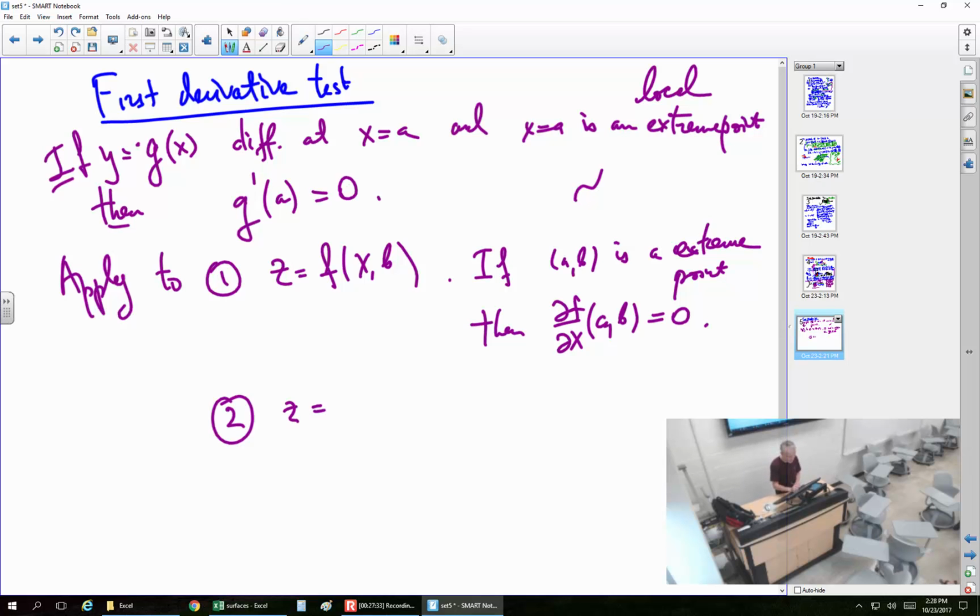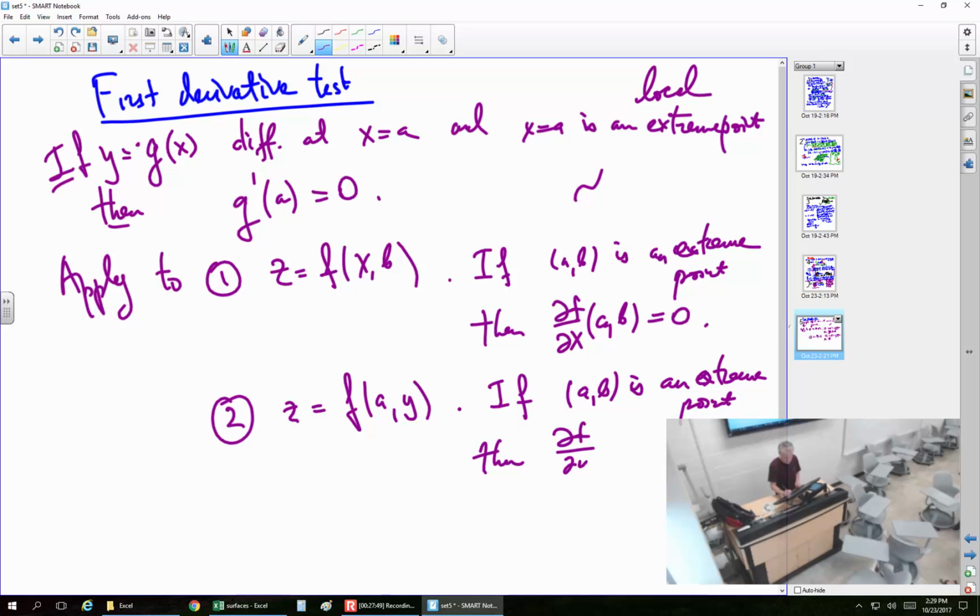So I'm taking this f of a, y, and once again, if (a, b) is an extreme point, then df dy at (a, b) is equal to 0. Once again, the key thing is that the precondition is the same.